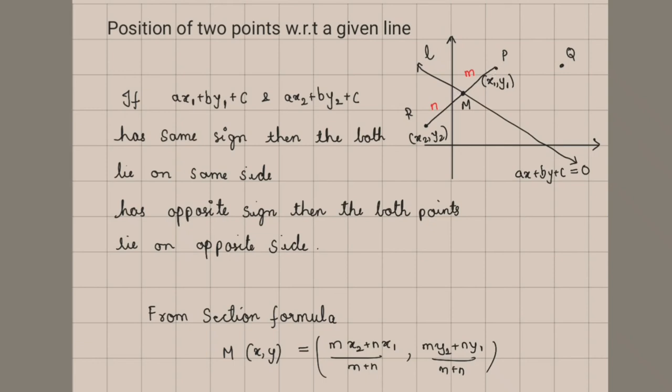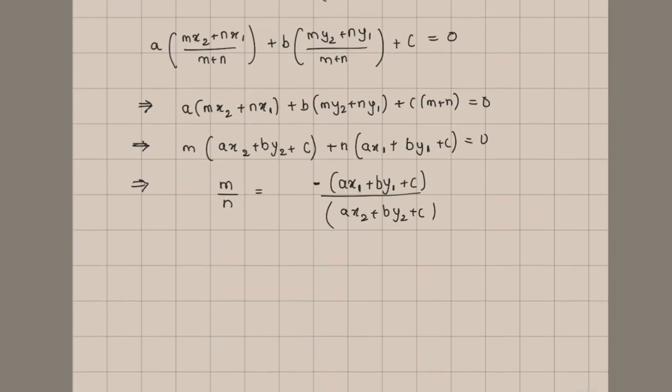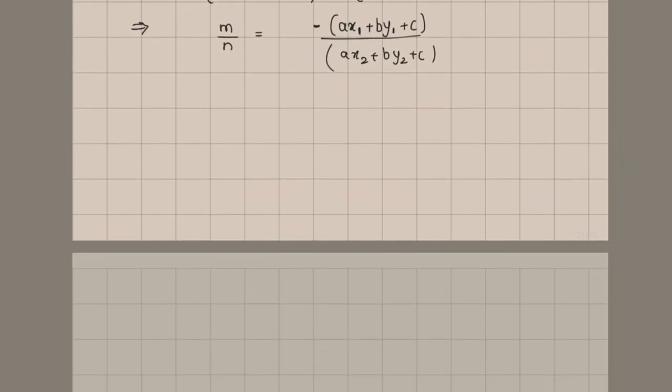If it divides externally, let's say this is point R, which is some (x2, y2), and the line joining PR intersects at some point, let's say R dash. If it divides externally at this point M1, that means P and Q are on the same side. Okay. Now we will write this result.